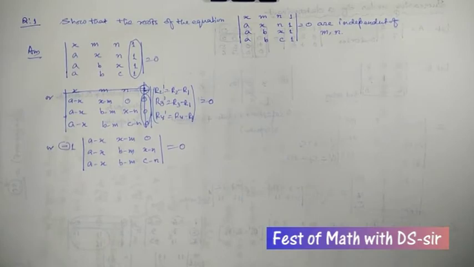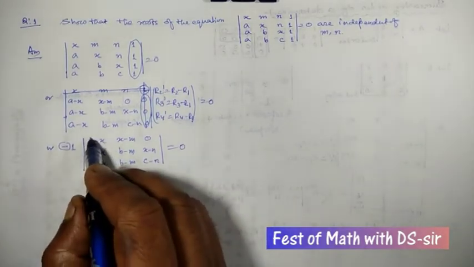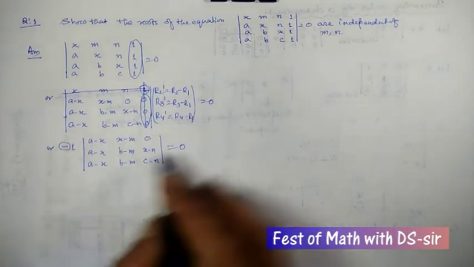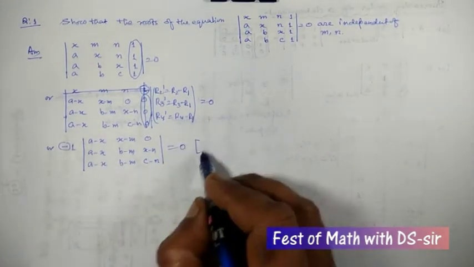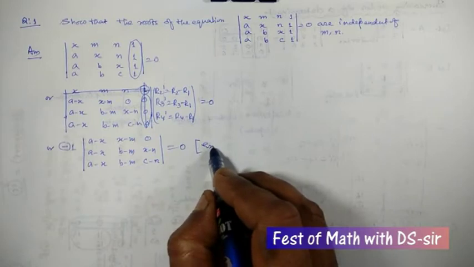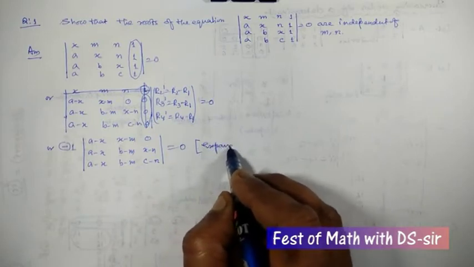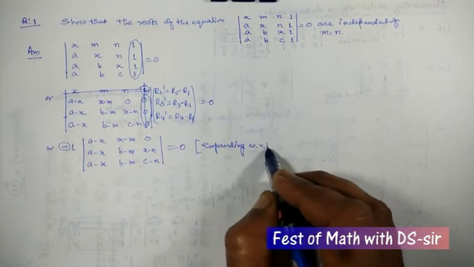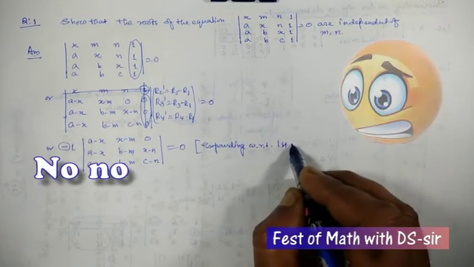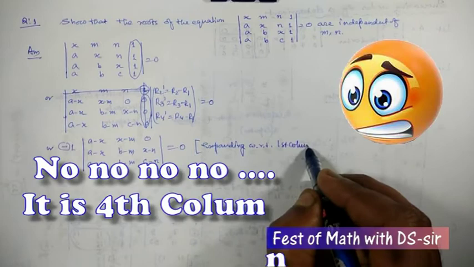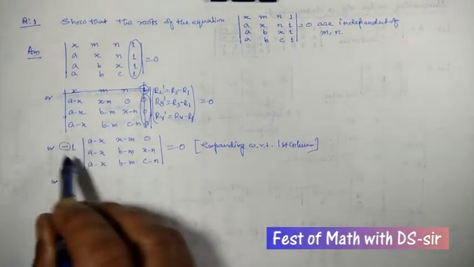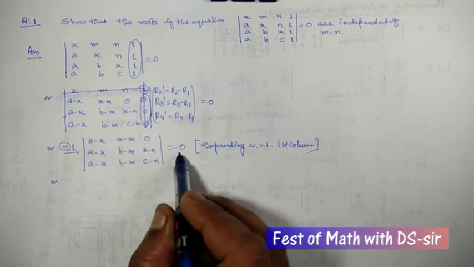In this determinant, see, all elements of the first column are a minus x. So expanding with respect to the first column, minus 1, the equation is equal to 0.